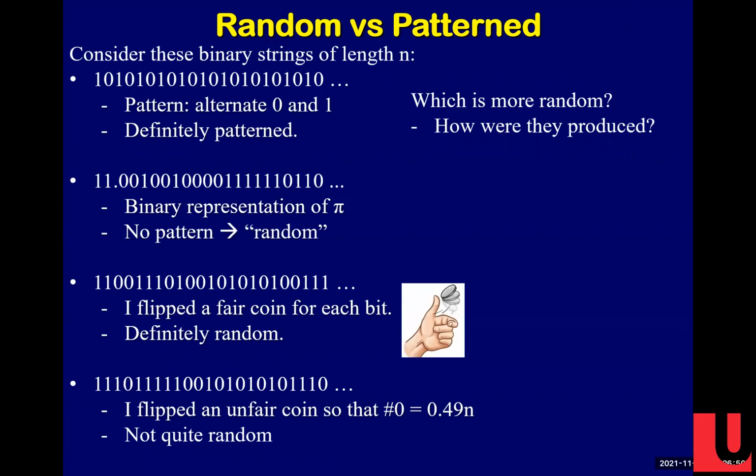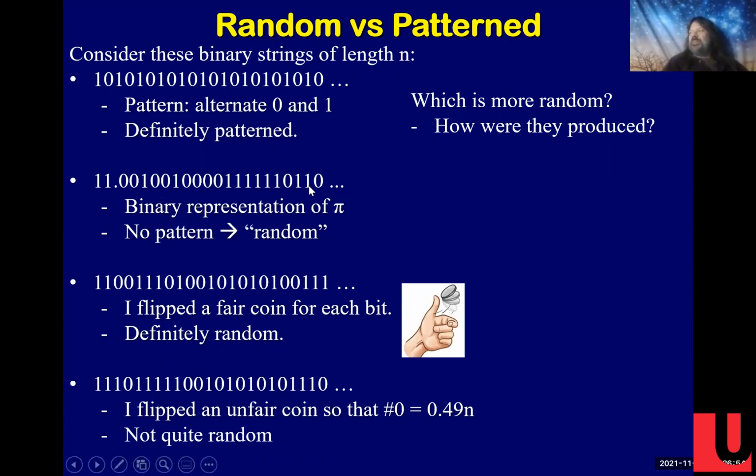Yes. We could say there's no pattern to it. So we could say it was random. Certainly, if I told you the first billion bits, you would have a hard time telling me what the next bit was.